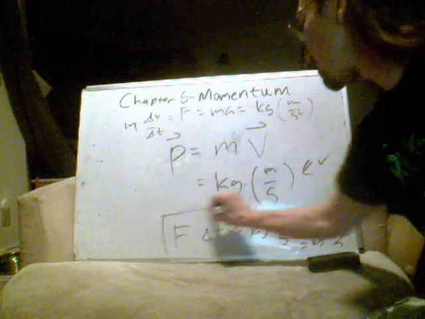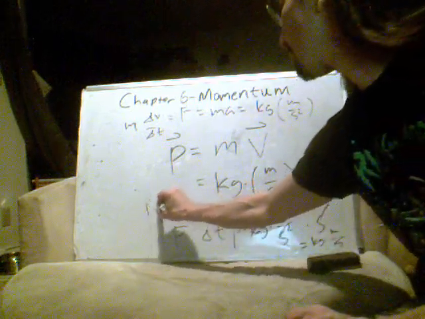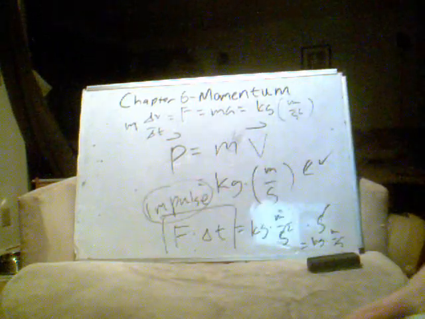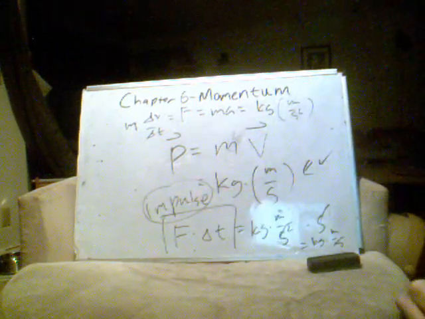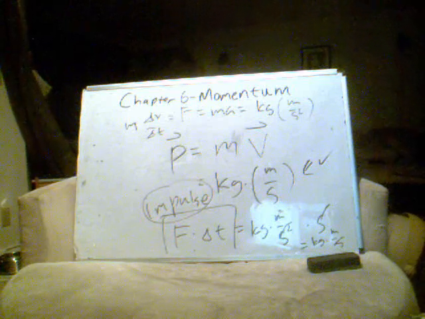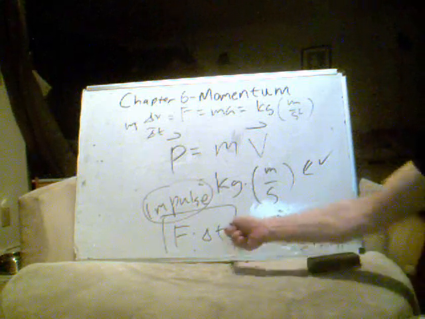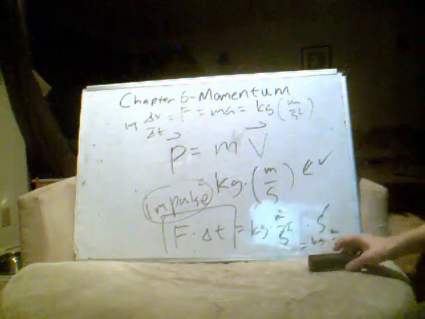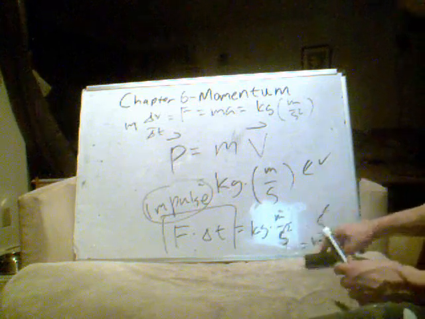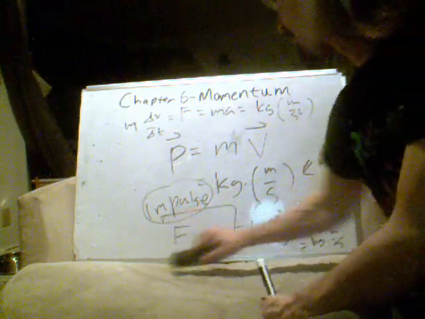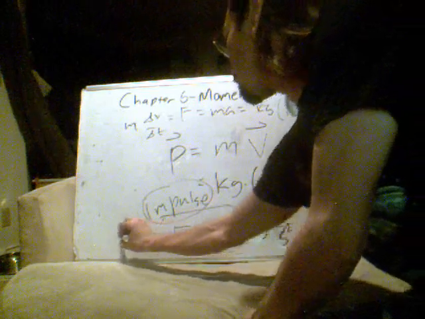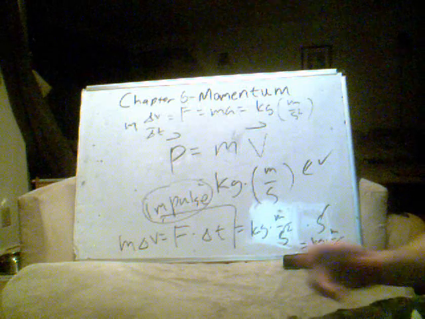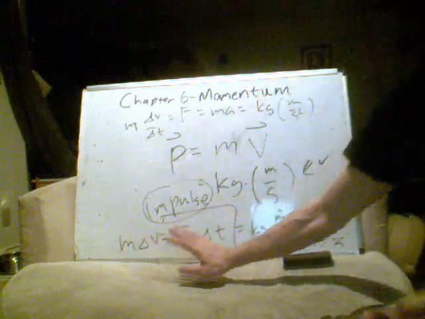This term here, force times time, we call this impulse. And an impulse gives a change in momentum. Usually we say something like F delta t is equal to m delta v, something like that. This, of course, only works, obviously, if the mass of the object is not changing, right?